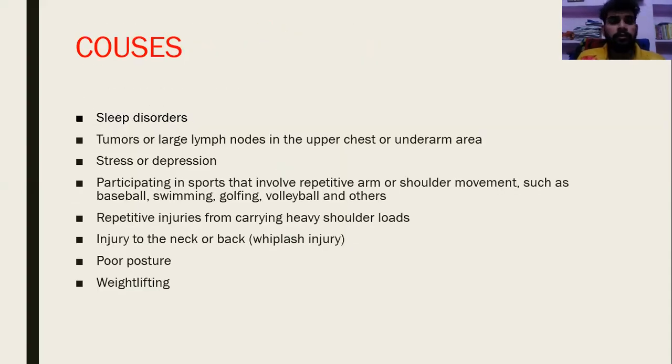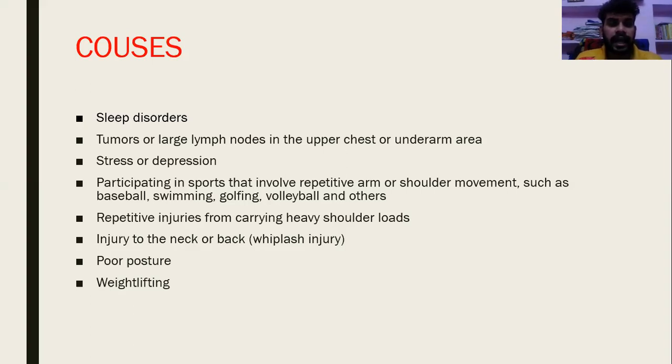Now we discuss some main causes, such as sleep disorders, tumors, stress or depression due to pain, and repetitive injuries. We discuss repetitive motion of the shoulder, so repetitive injury occurs in that region.